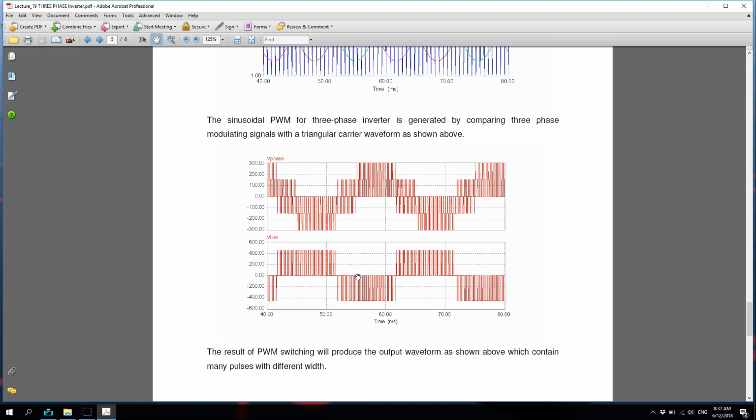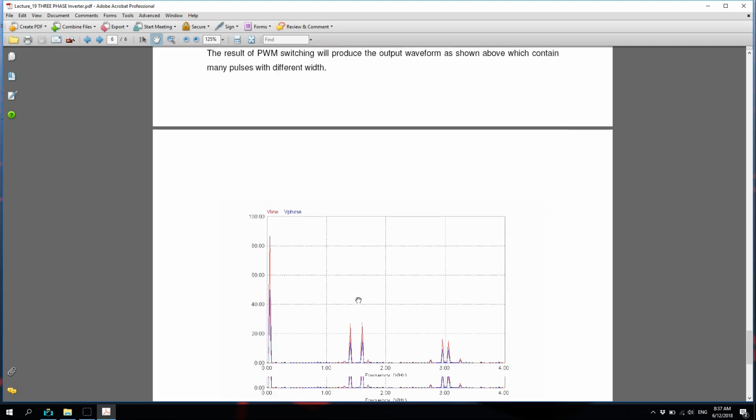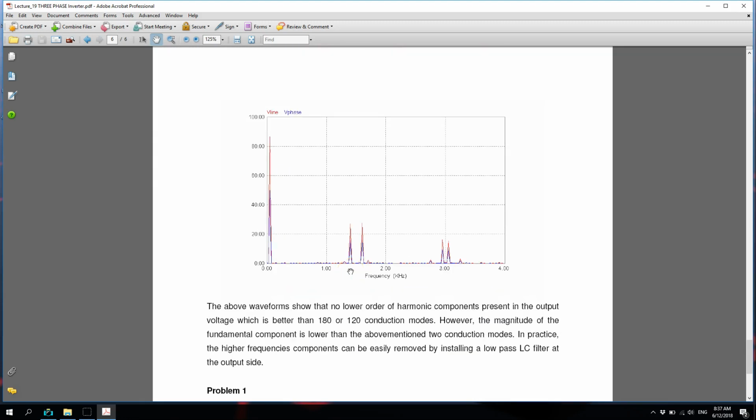But of course, the beauty of the pulse width modulated signals lies when we look at the harmonic spectrum of the output voltage. If you look at the waveform again, you see that it consists of the fundamental, and I believe the carrier signal is at 1.5 kilohertz. Okay, it's switched at 1.5 kilohertz.